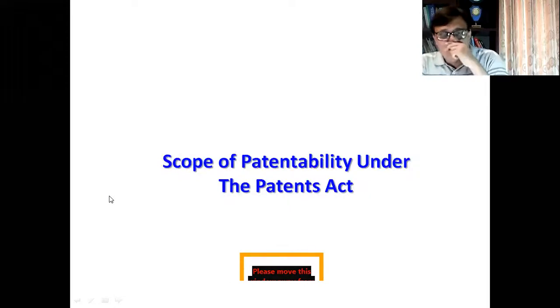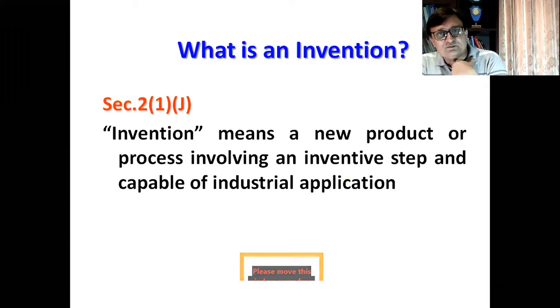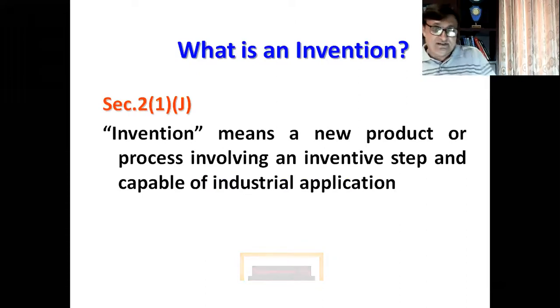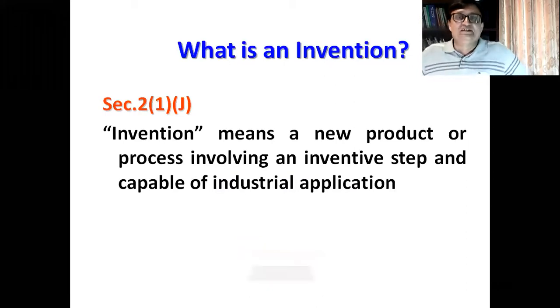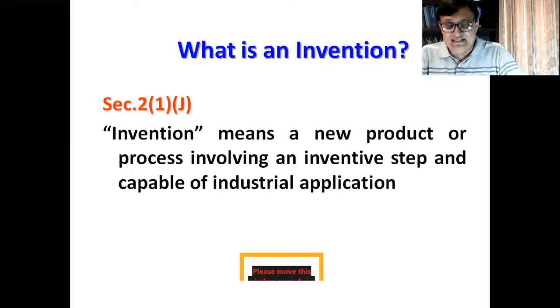What is the scope of patentability under the Patent Act? First of all, it must be an invention. Now, what is an invention? As per section 2(1)(j) of the Patent Act 1970, invention means a new product or a process involving an inventive step and capable of industrial application. So first of all, it is novelty.